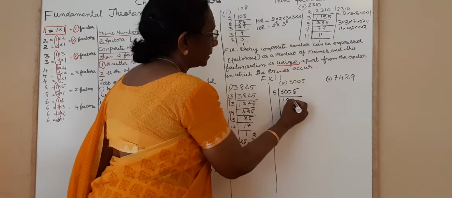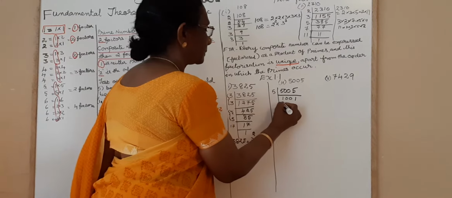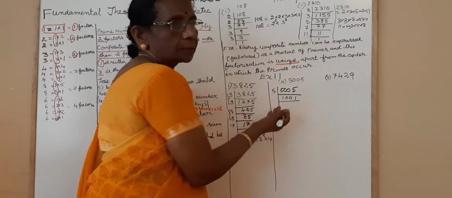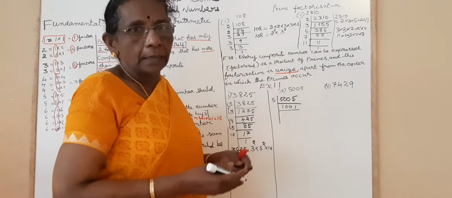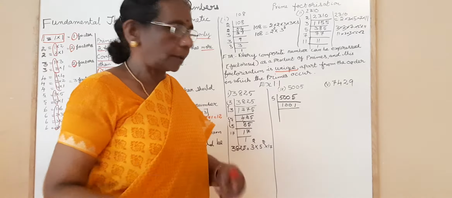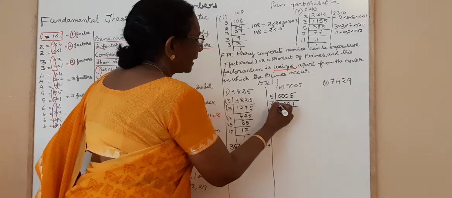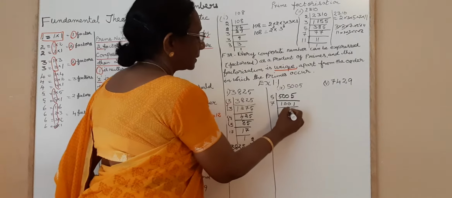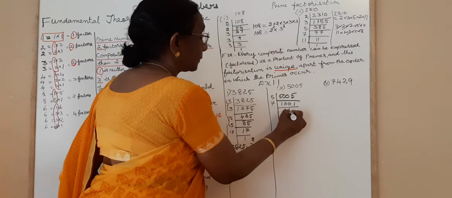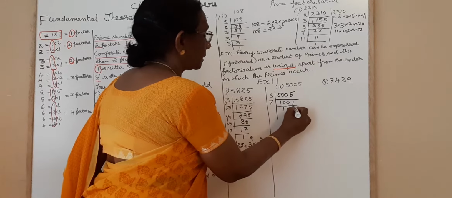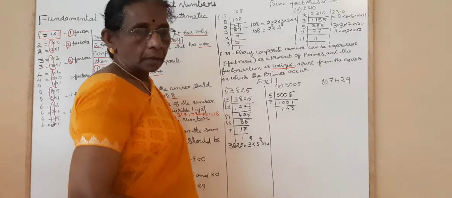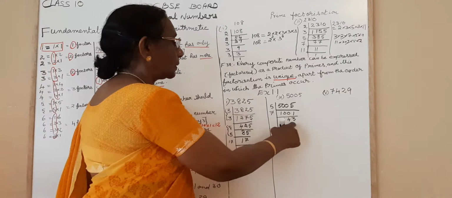It is not divisible by 5. So let us move to the next prime. 2, 3, 5. What's the next prime? 7. Let us try 7. 7 ones are 7, 7 fours are 28, and 7 threes are 21. Now it is not divisible by 7.